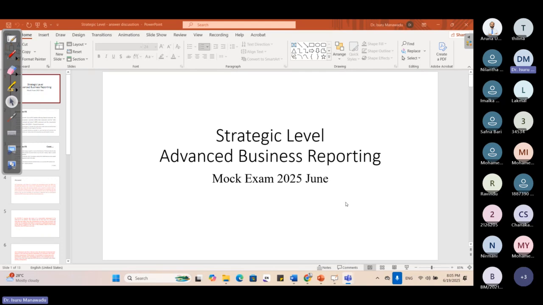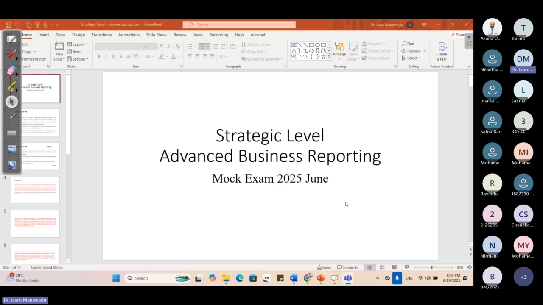More or less similar. And we have selected a couple of standards based on the syllabus and tested comprehensively. For an instance, LKAS 40, investment property, there was a question on the application of the investment property standard. Then SLFRS 16, leasing.